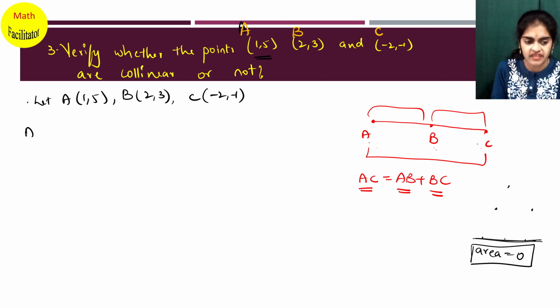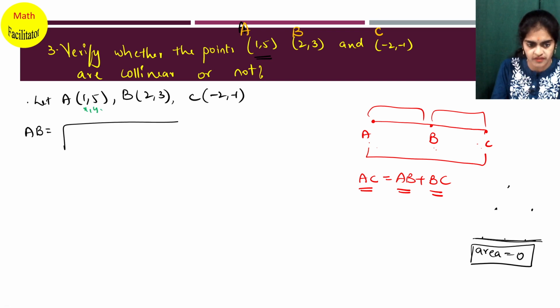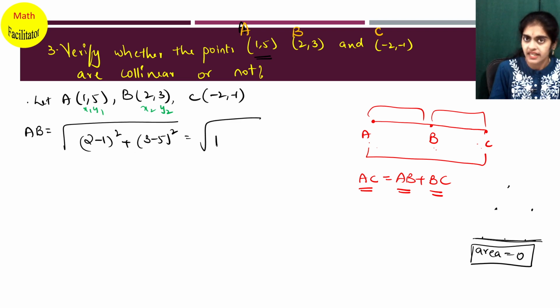And now the distance between AB, if I want, it is root over, if you are considering the points A and B, this is x1, y1, this you can take as x2, y2. Okay, so let us substitute now. So x2 minus x1 the whole square plus y2 minus y1 the whole square. So what is the answer we are getting? That is root over 2 minus 1 is 1 square, okay, and 3 minus 5 is minus 2 and you have a square.